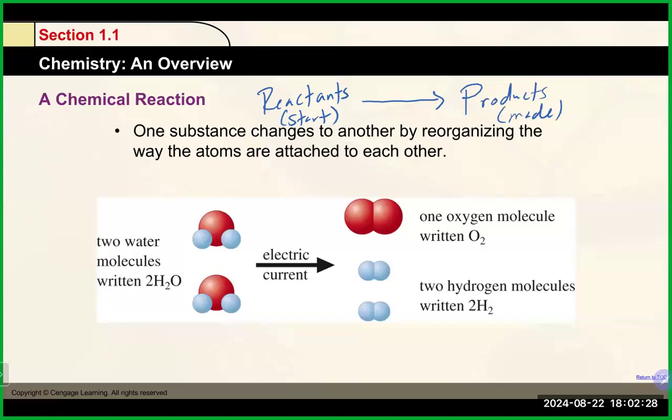As we'll talk about as we get through some of these chapters, all chemical reactions really only involve breaking bonds, and then you make bonds. So it really only involves electrons. Electrons make up the bonds.